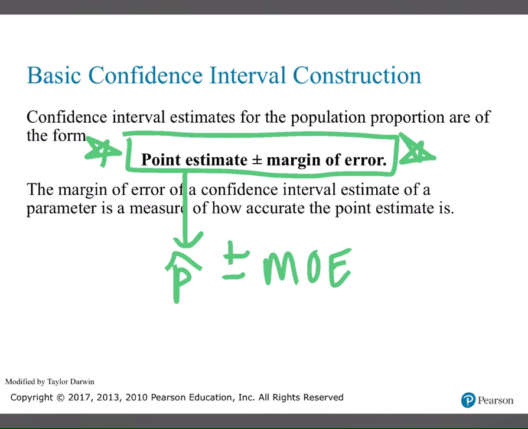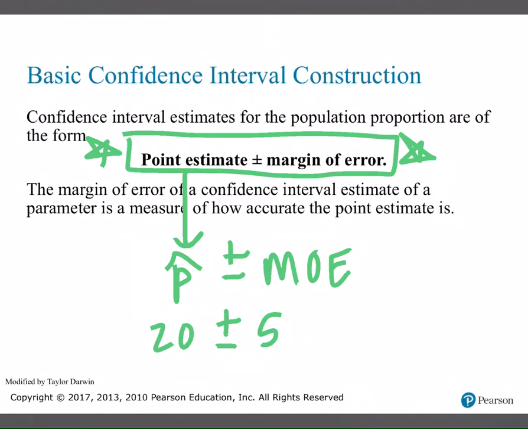It's like when you call the pizza place, let's say Domino's, and they say the pizza's going to be here in 20 minutes, give or take 5. Even though 20 is not a proportion, that's just the example I like to use.